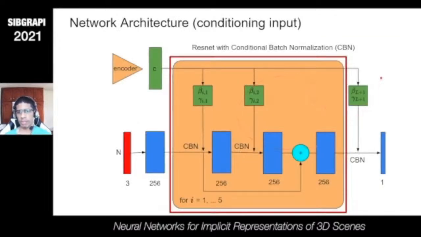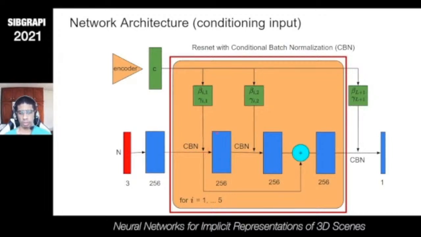Now that we have those concepts and we know them, we can actually understand the main block of this network architecture. First, we have our beta and gamma for conditional batch normalization that are dependent on our code C generated by the encoder, and those parameters are passed to the conditional batch normalization in conjunction with the input points.